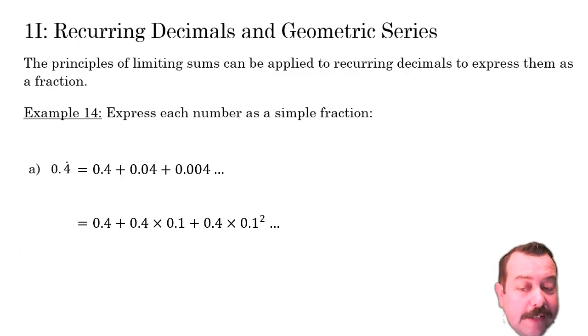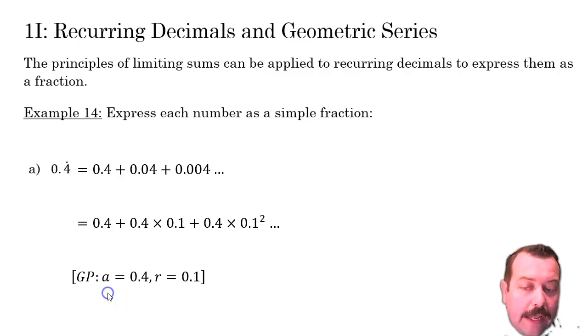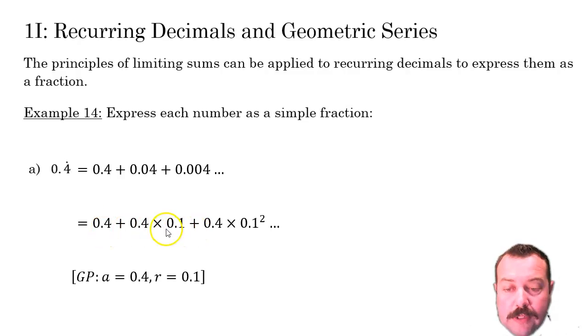We might recognize this as 0.4 plus 0.4 times 0.1 plus 0.4 times 0.1 squared, and so on, which looks a lot more like a GP now, where a equals 0.4 and my common ratio is 0.1.